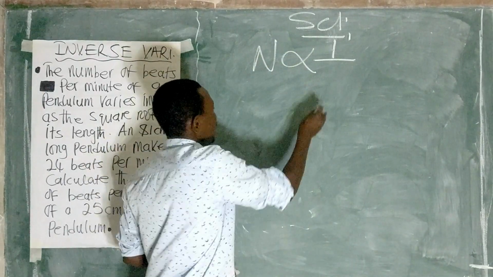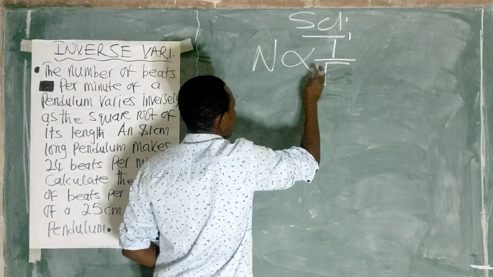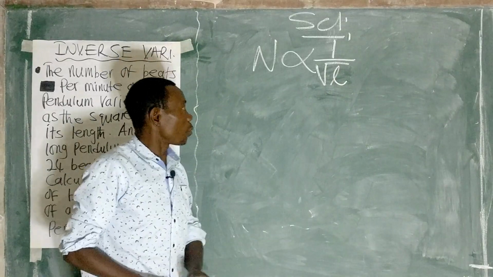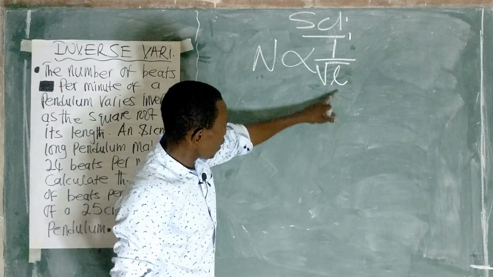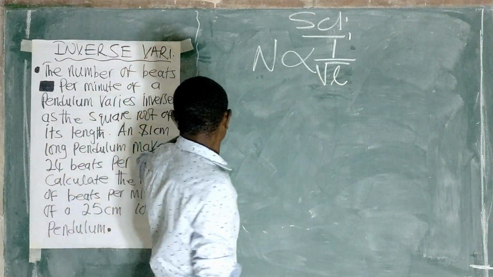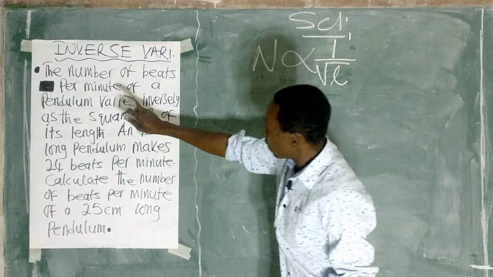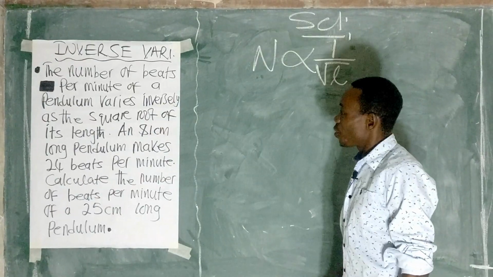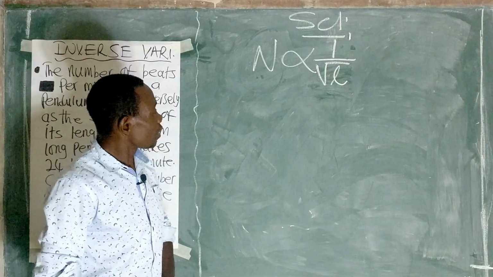So instead of just writing L, I'll now take the square root of L. It means N varies inversely as the square root of the length. First statement: the number of beats, which is N, varies inversely as the square root of the length. This is 1 over root of L.